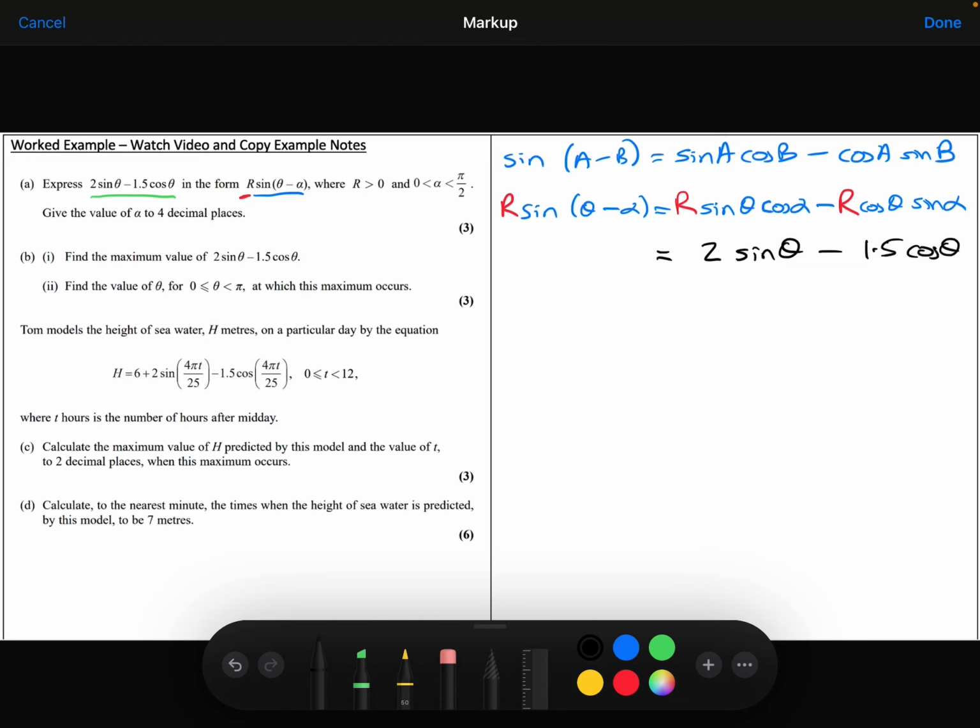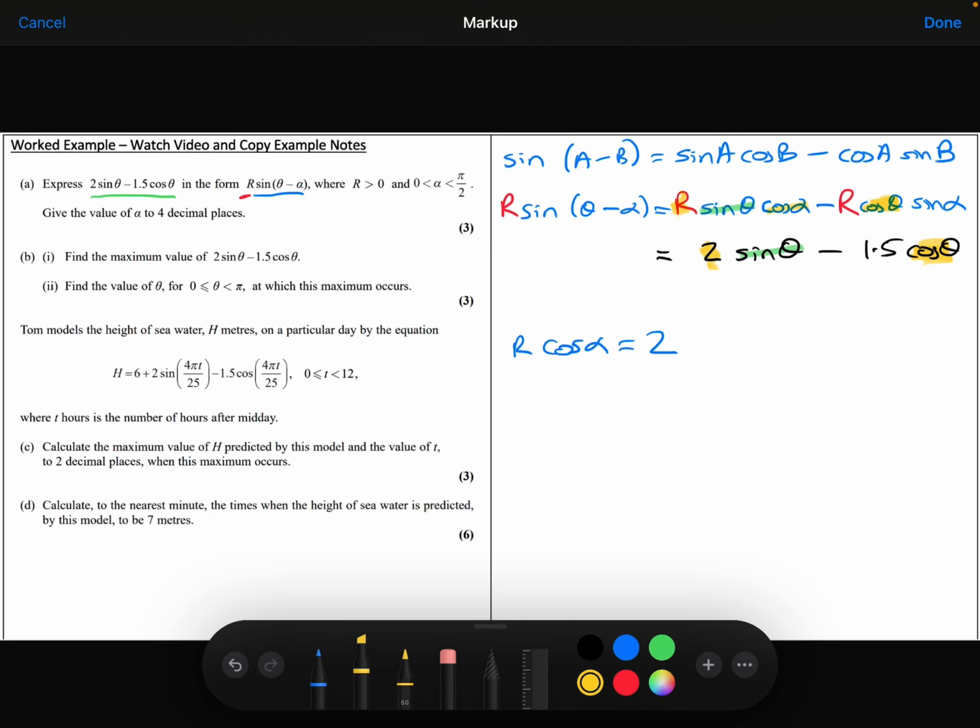So let's see, I've got a sine theta there and a sine theta there. So that means that my r cos alpha would have to equal 2. Similarly, over here, I've got a cos theta here and a cos theta there.